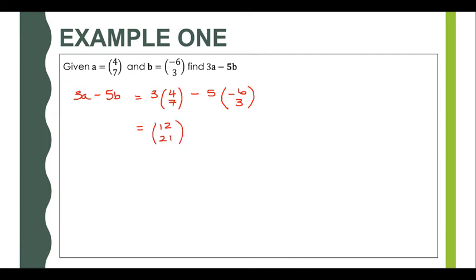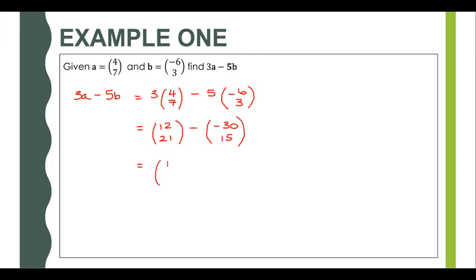We do the same with our next vector, so we're going to leave the minus between our two vectors and we're going to times both things by 5. So 5 times minus 6 gives us minus 30, and 5 times 3 gives us 15. And now we can subtract. So when we subtract, we do our x component, take away our second x component.